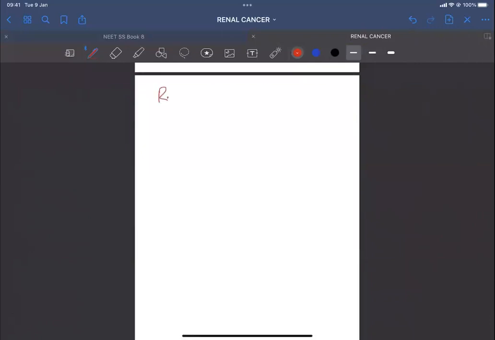A quick recap of management. It's based on stage. T1, you will have to try and do a partial nephrectomy, unless it is not feasible, then yes, you can do a radical nephrectomy.